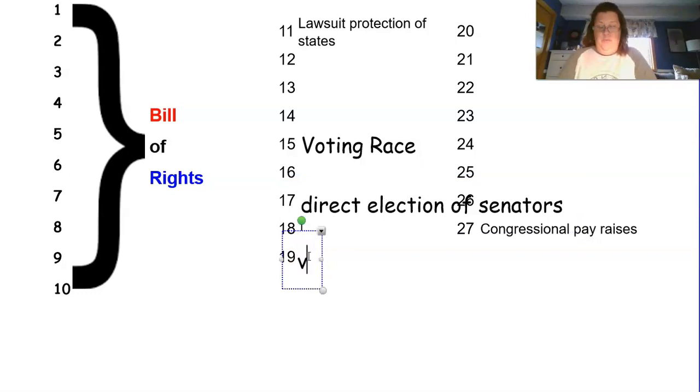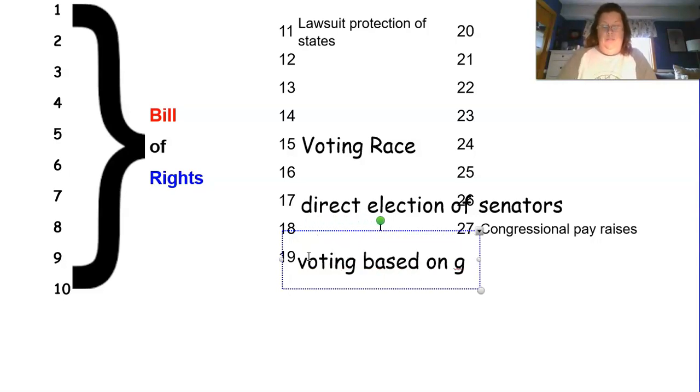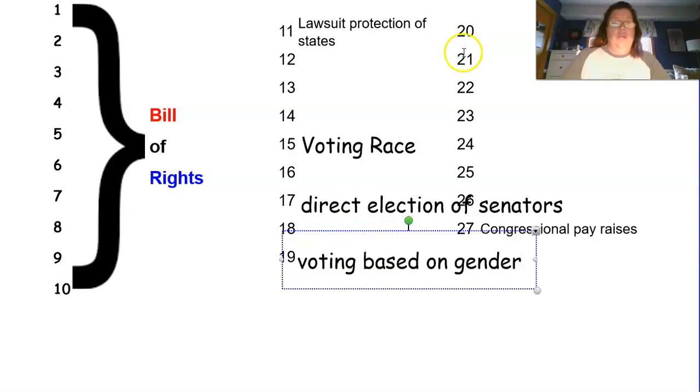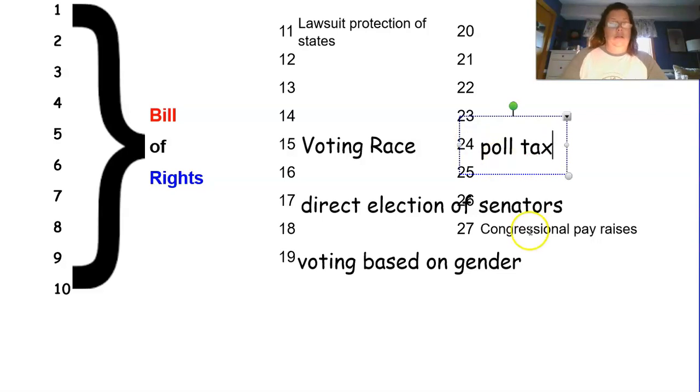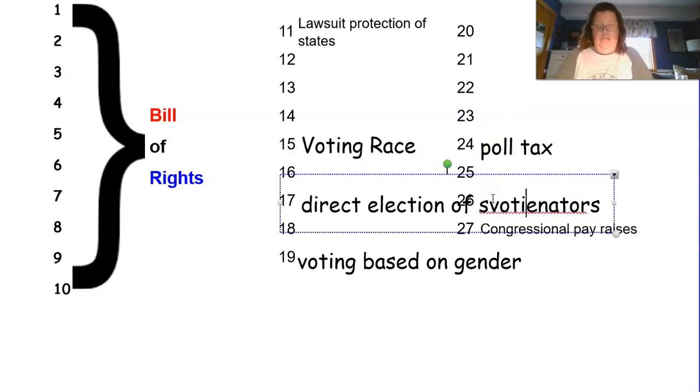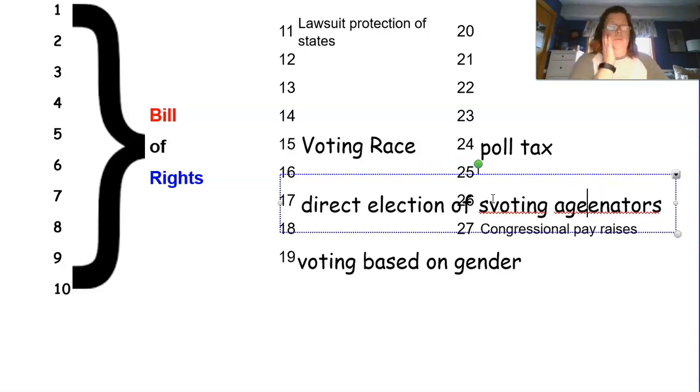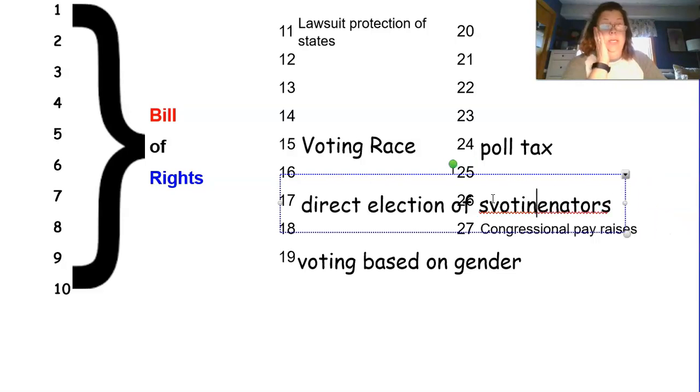We have talked about voting based on gender. We have also touched base on the poll tax, and we have already addressed the issue of the voting age. So apparently that didn't work so well, but you get the point that I'm trying to make.